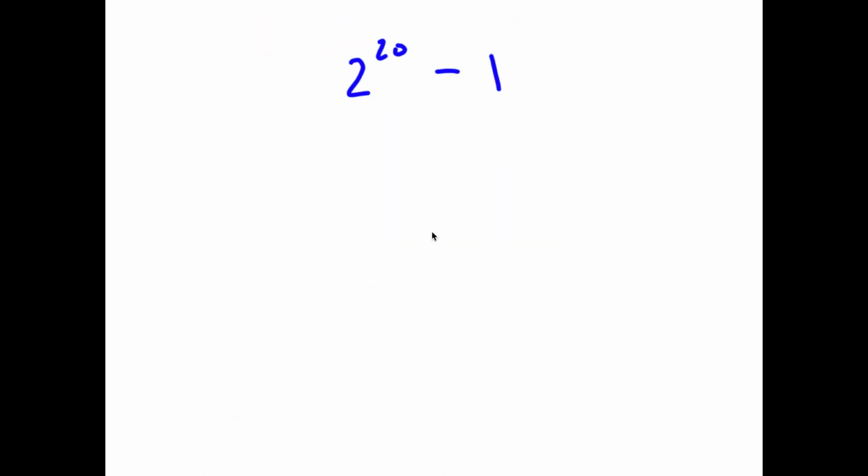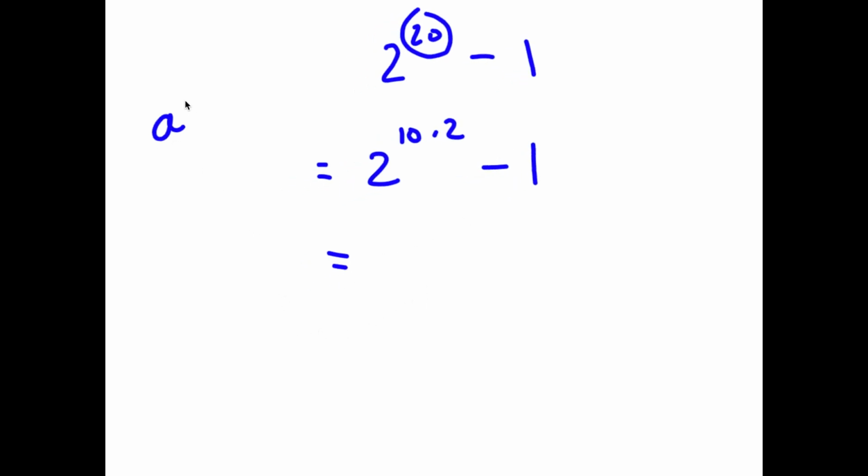Alright, so in this problem, I have 2 to the power of 20 minus 1. So to solve this, I'm going to first rewrite 20 here as 10 times 2. So now I have 2 to the power of 10 times 2 minus 1. And if I have something in the form a to the power of m times n, this is equal to a to the power of m, to the power of n.